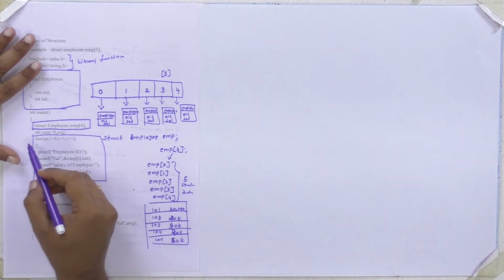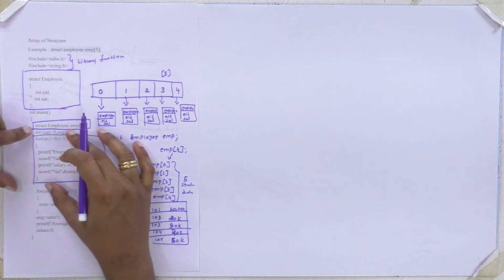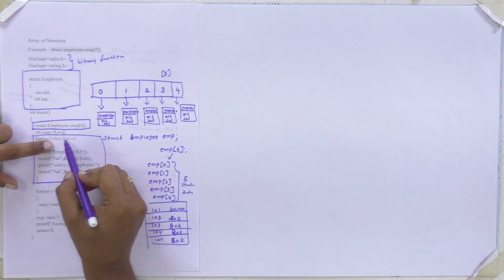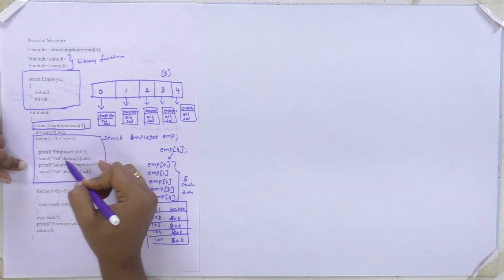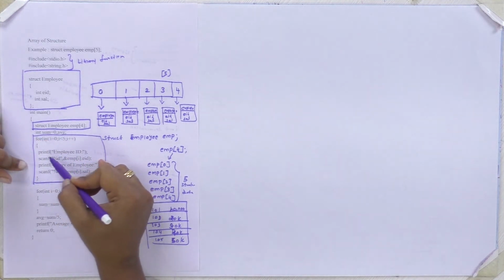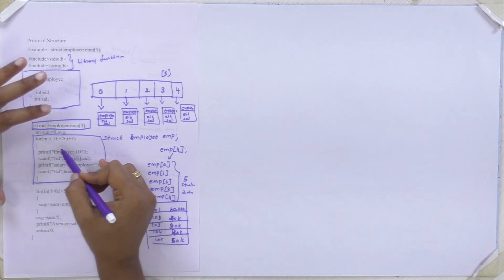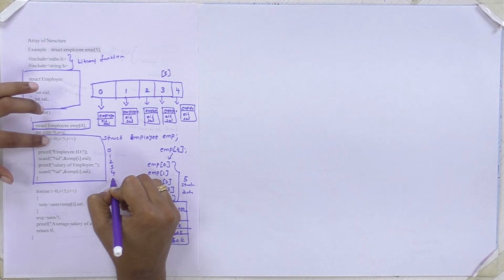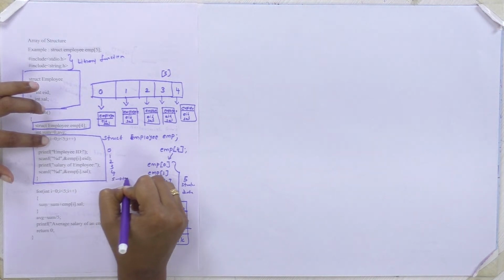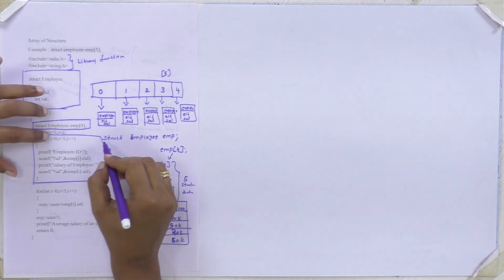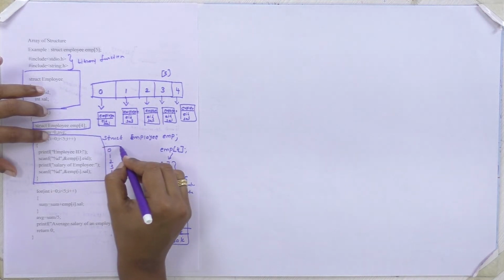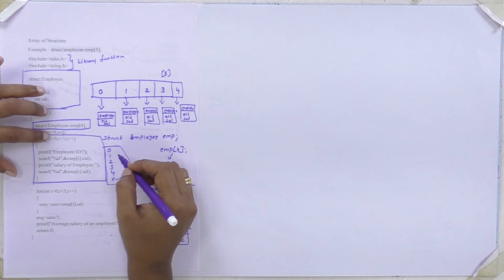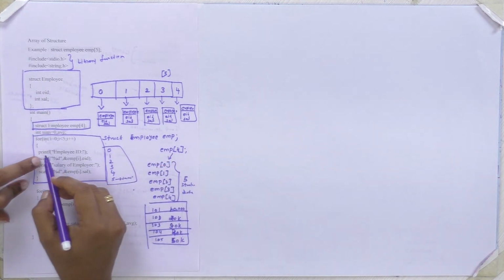So I am going to create a for loop: for int i equal to 0, i less than 5. The loop continues up to 4, that is 0, 1, 2, 3, 4. When it becomes 5, it will terminate. So it will ask for 5 data.